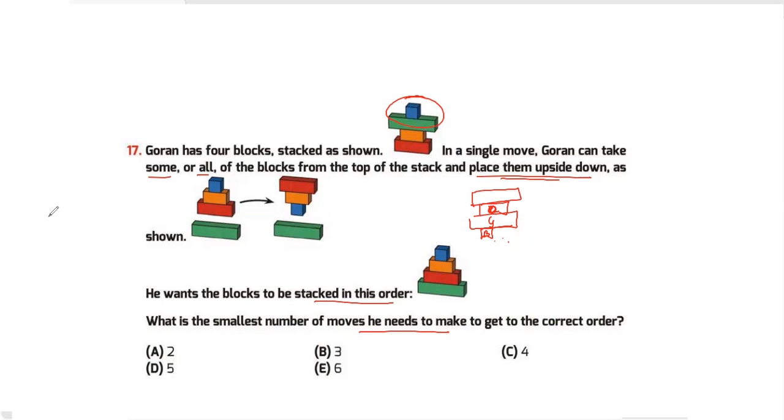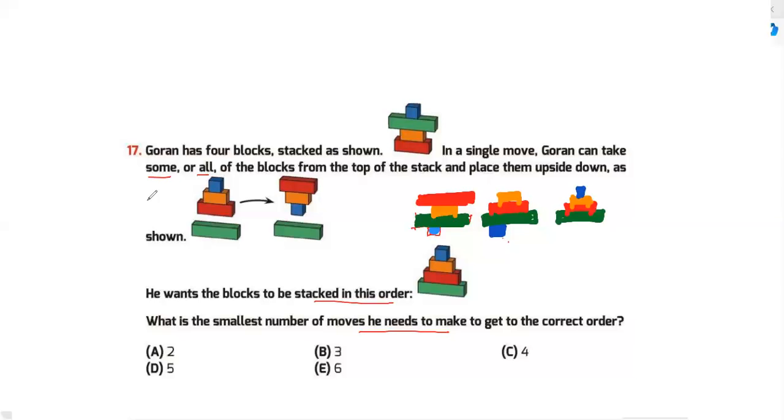No, we can only make one move, so we are inverting this one. So this remains the same, which is your red and orange.